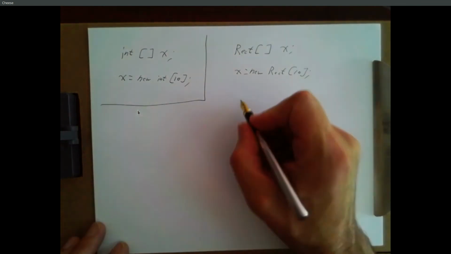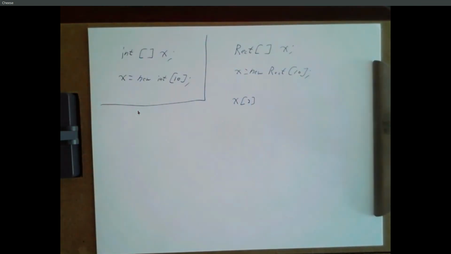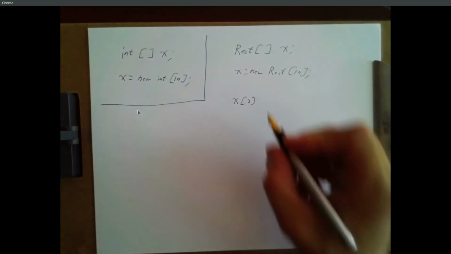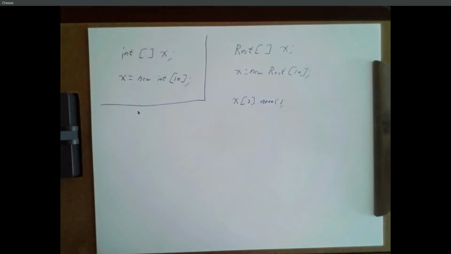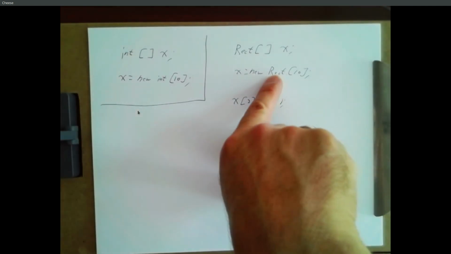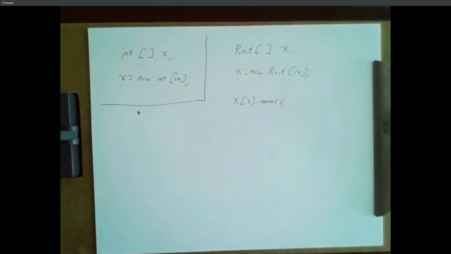Now I'm allowed to do something like x[2]. That exists, that's well defined. But if I were to try to call, say, the area method of that rectangle, I'm going to get a null pointer exception, because there's nothing in that spot. It's an array of 10 references to rectangles. I didn't say pointers. 10 references to rectangles, but they're not actually referring to any particular rectangle.